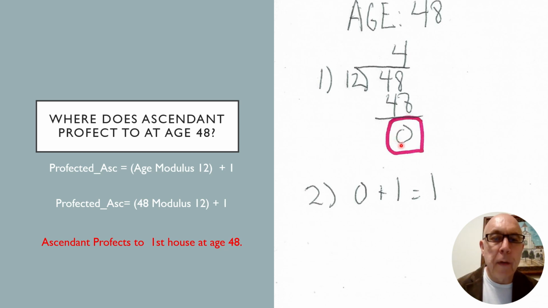It goes through evenly, so there's a remainder of 0. And I hope that didn't throw you off, because the second step is you add 1. So 0 plus 1 equals 1. So at age 48, the person in question is in a first house perfection year.